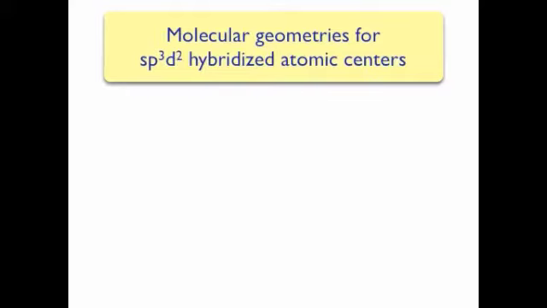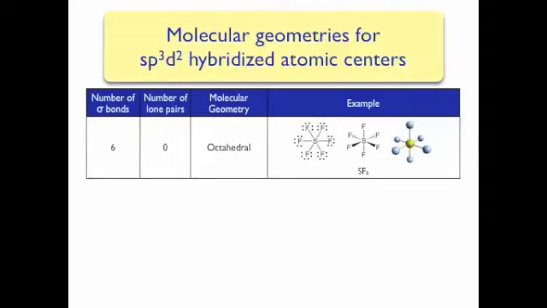Our final grouping are the molecular geometries for sp3d2 hybrid orbitals. If an atomic center has 6 sigma bonds and no lone pairs, the molecular geometry will be octahedral. Sulfur hexafluoride is a good example of an octahedral molecule.